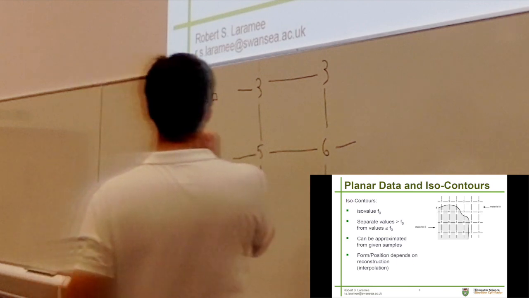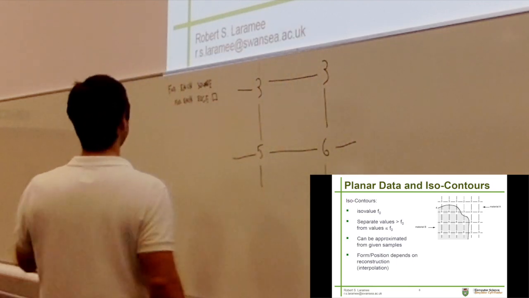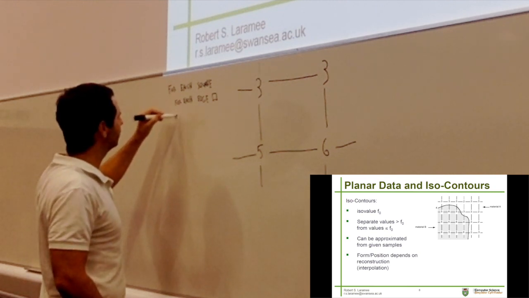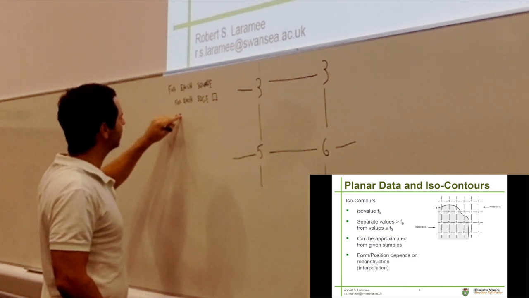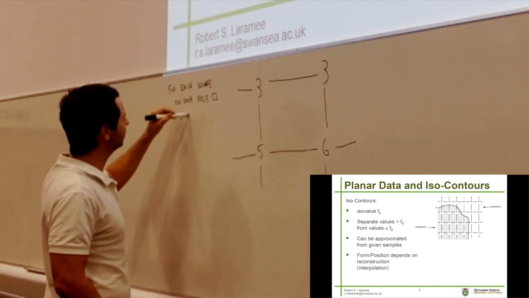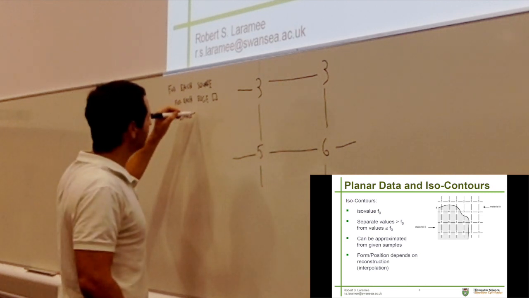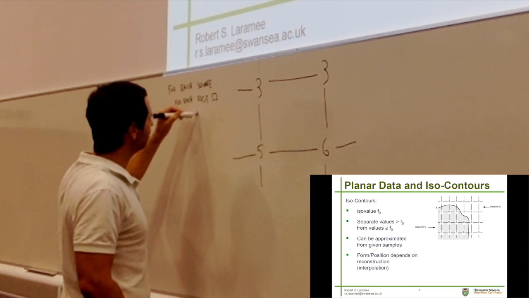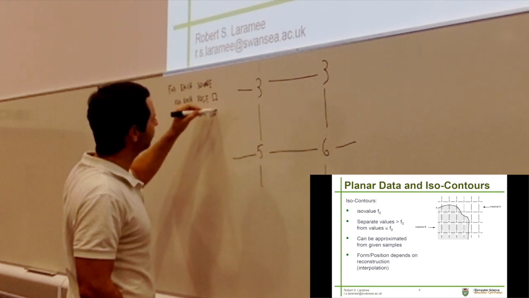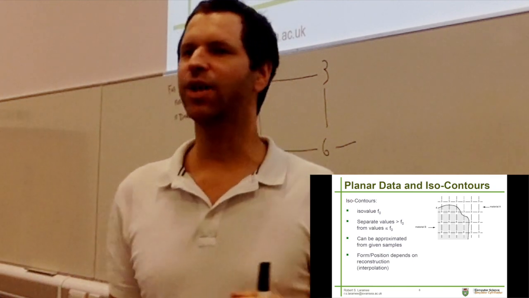For each edge, test: is the ISO value along the edge? Now, what does that mean? Is it along the edge?